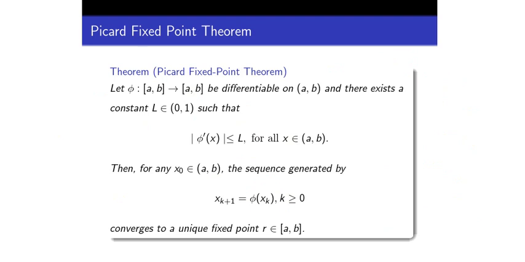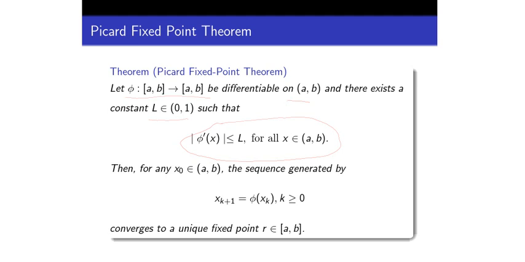So what does the Picard fixed point theorem say? Let phi from AB to AB be differentiable on the open interval AB, and there exists a constant capital L belonging to (0, 1) such that the derivative at each point remains bounded by L for every x in the closed interval AB.